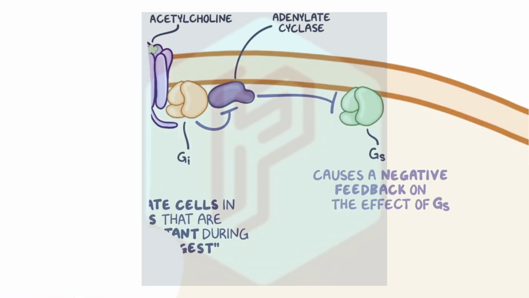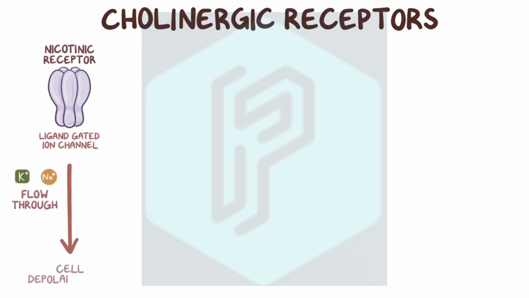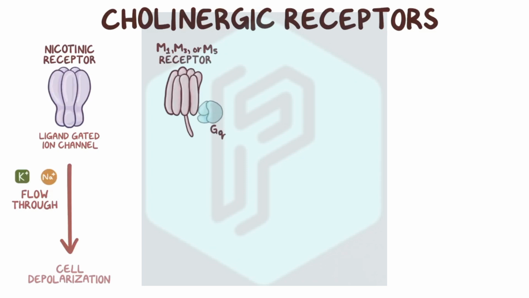Alright, as a quick recap. There are two groups of cholinergic receptors. Nicotinic receptors are ligand-gated ion channels that allow sodium and potassium to flow through them, causing cell depolarization. Muscarinic receptors are G-protein coupled receptors. M1, M3, and M5 interact with GQ, which triggers a cascade that ultimately activates the enzyme PKC.